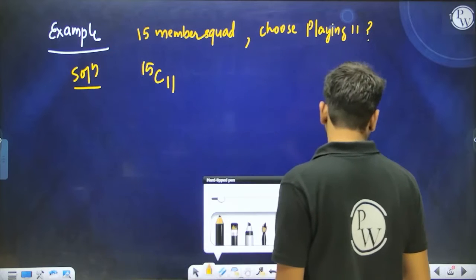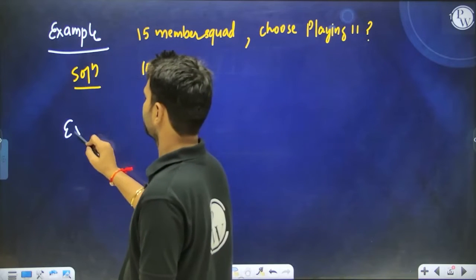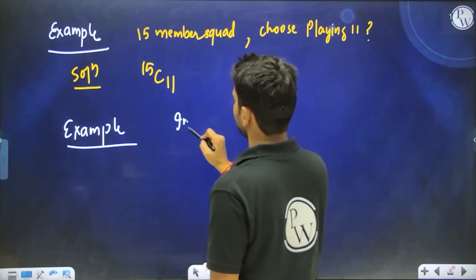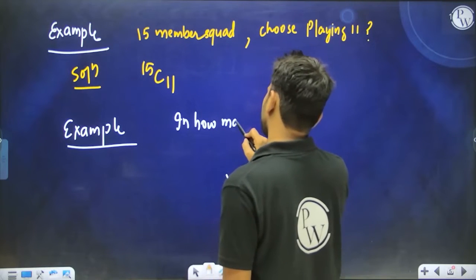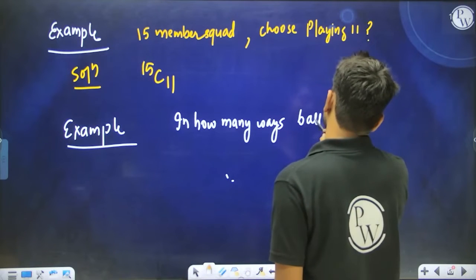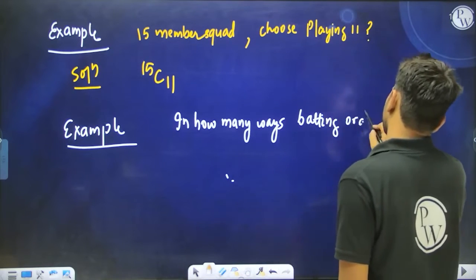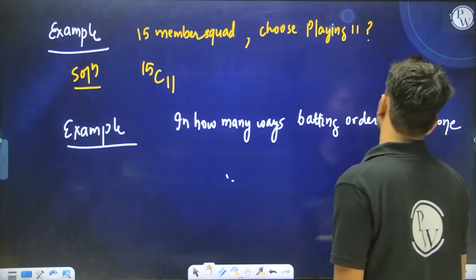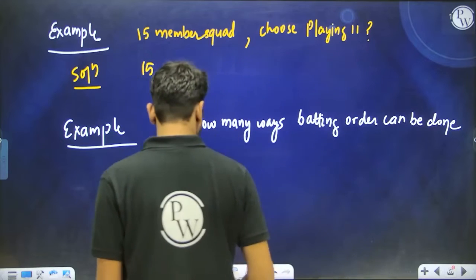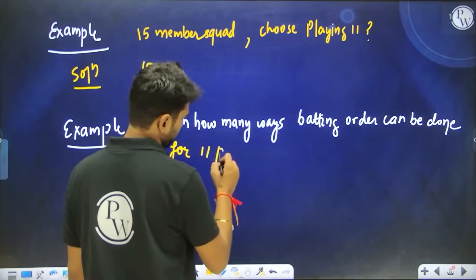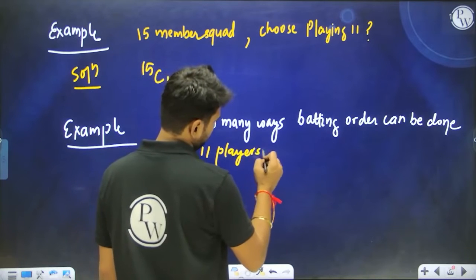Okay, now if I ask you, in how many ways can the batting order be done for 11 players out of 15?